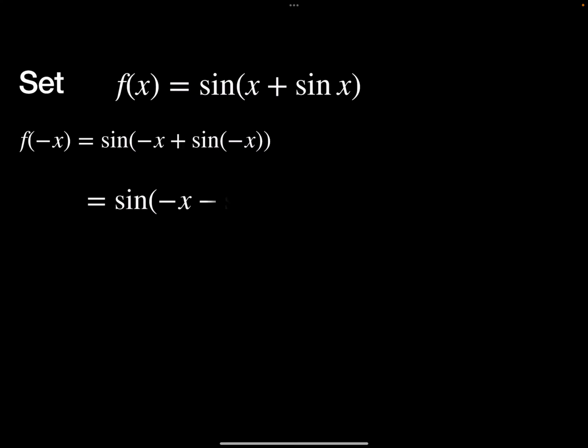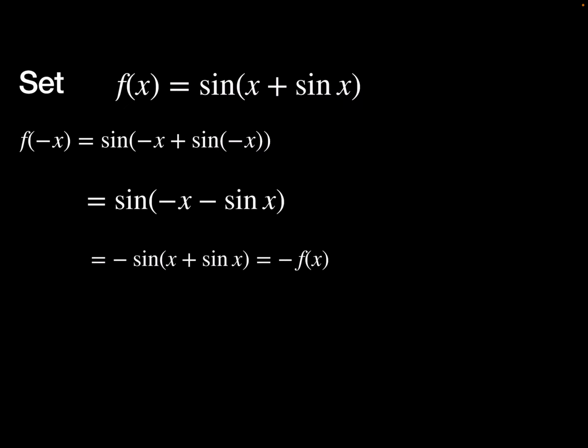Therefore, we get that this is equal to sine of negative x minus sine of x. And then we use the oddness on the second function, the outside function. So this is equal to negative sine of x plus sine of x, which is exactly negative f of x. So f is odd.